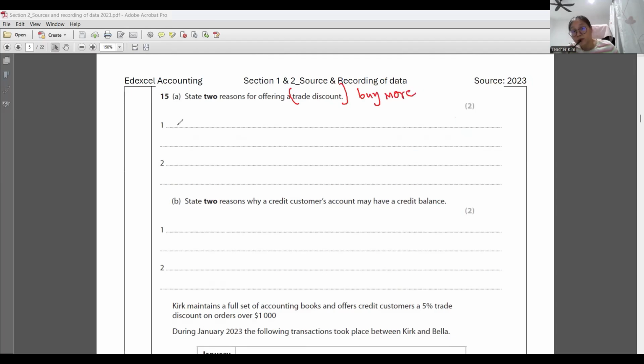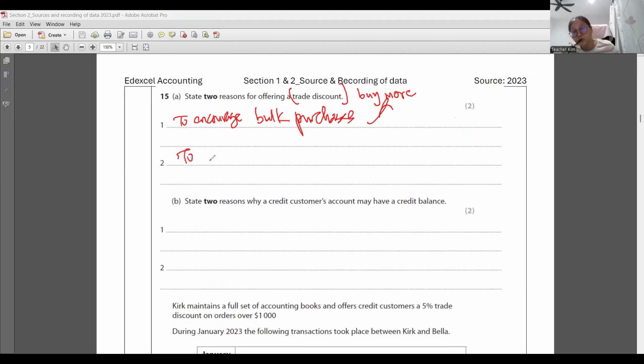Okay. So one of the reasons is to encourage customers to buy more, or we call bulk purchases. Okay, this is the meaning of buy more. Or sometimes if you have a regular customer, you want to reward them.